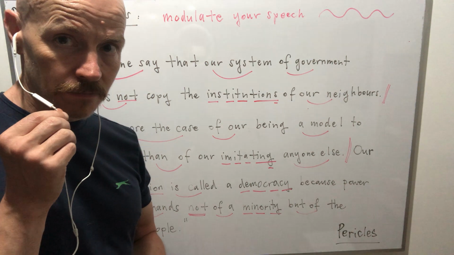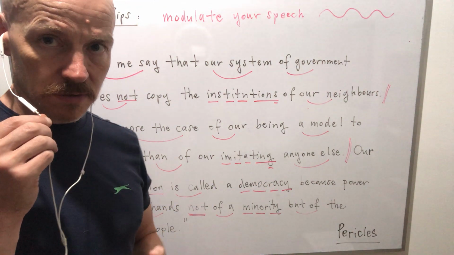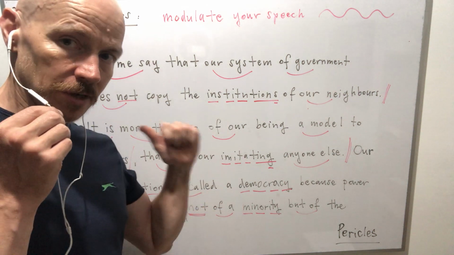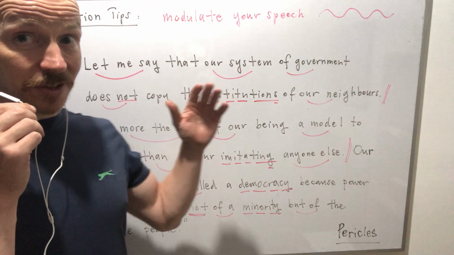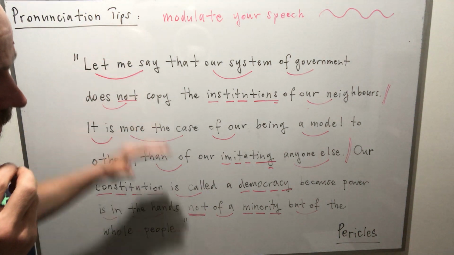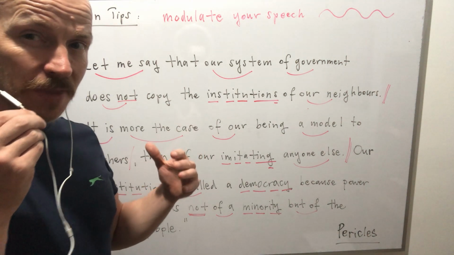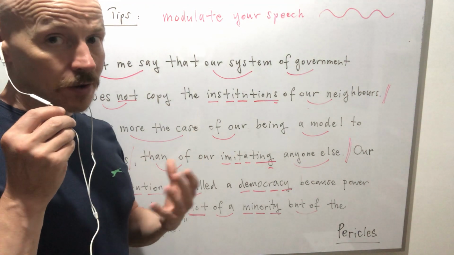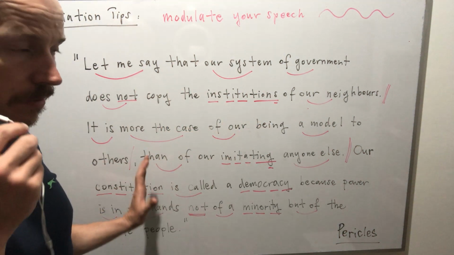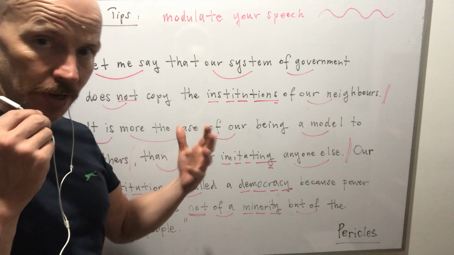There we go. So, that's the first piece of the Pericles' funeral oration that I read in the video of last week. If you'd like to listen to the whole part of that, go back, have another look. But hopefully now you can see a bit more of the mechanics of how I go about marking up the text before I prepare to read it.